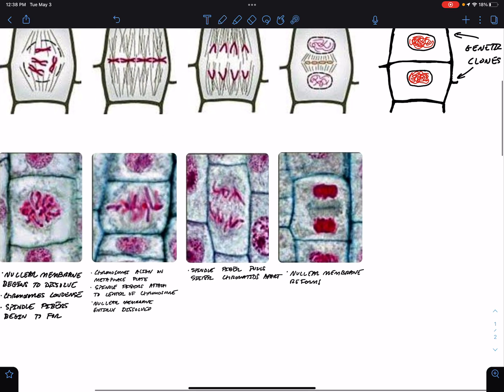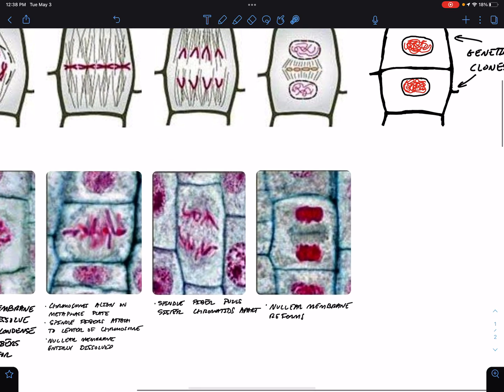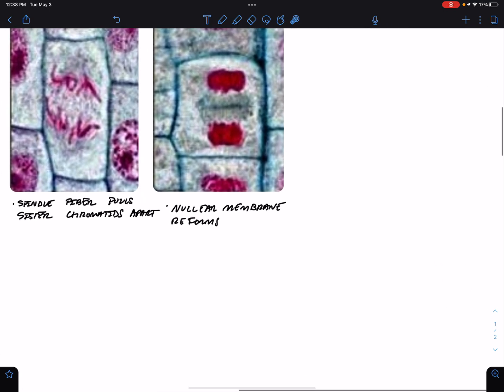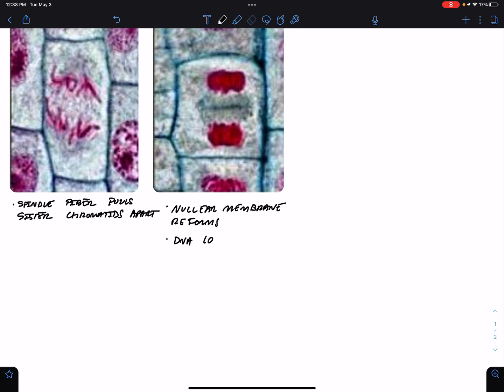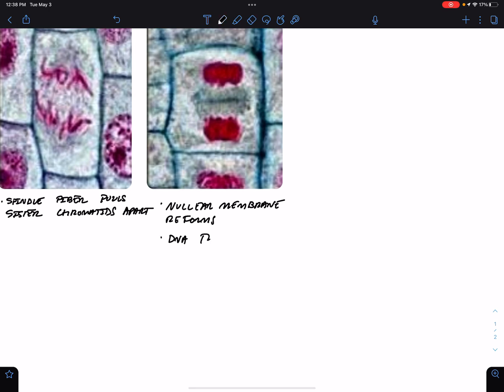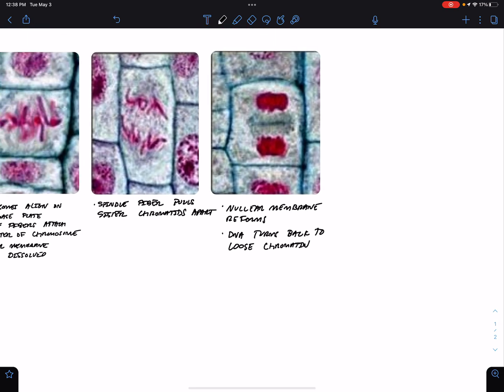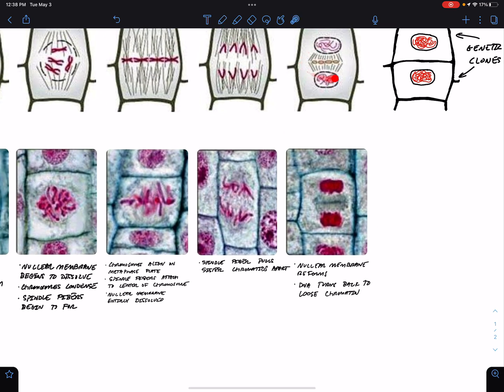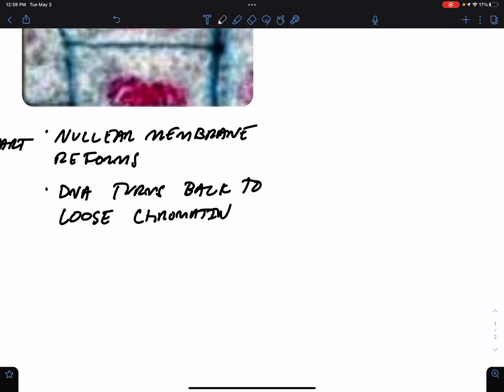The DNA starts to lose its characteristic chromosome-like shape and decondense into loose chromatin. And the spindle starts to dissolve.